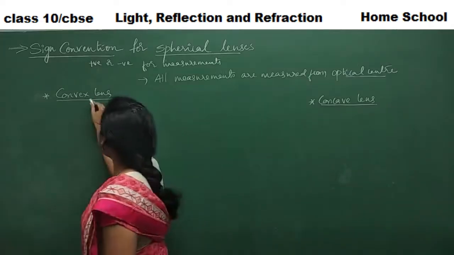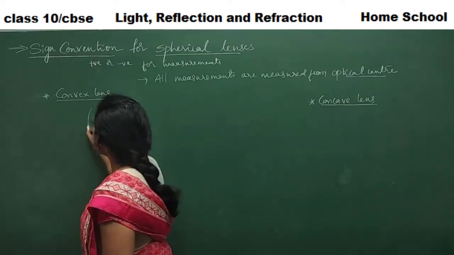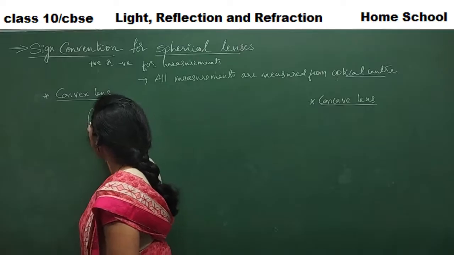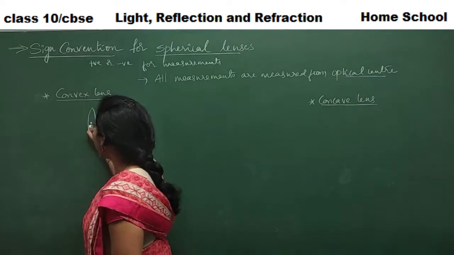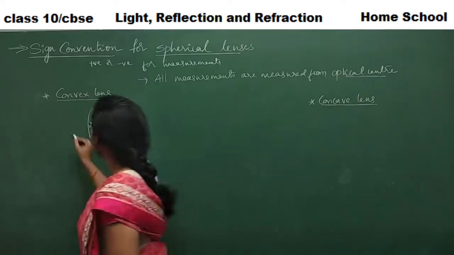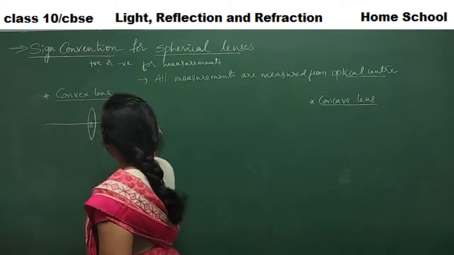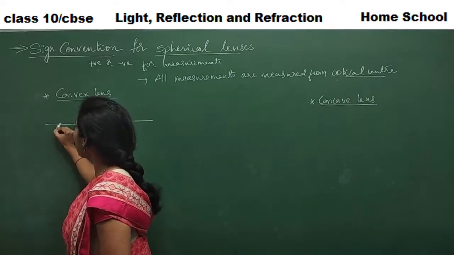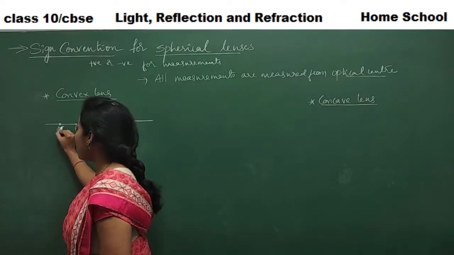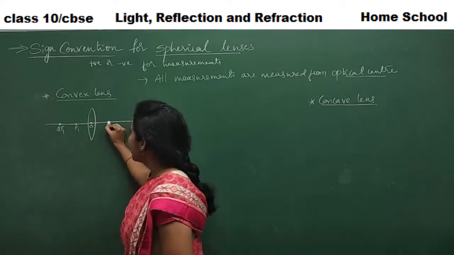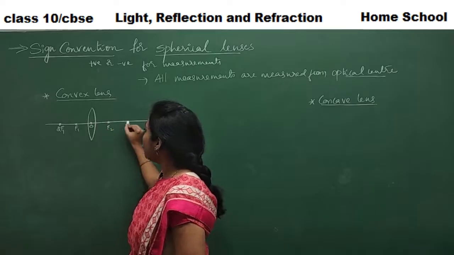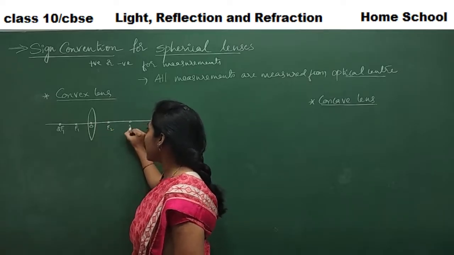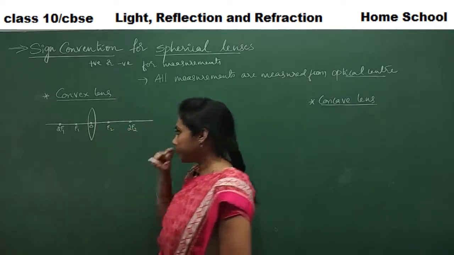How do you represent a convex lens? It is something like this. This is the center, we call it O, the optical center, and this is our focus point F1. It will have two focus points and two centers of curvature. On this side the focus is F2, and the center of curvature is 2F2.